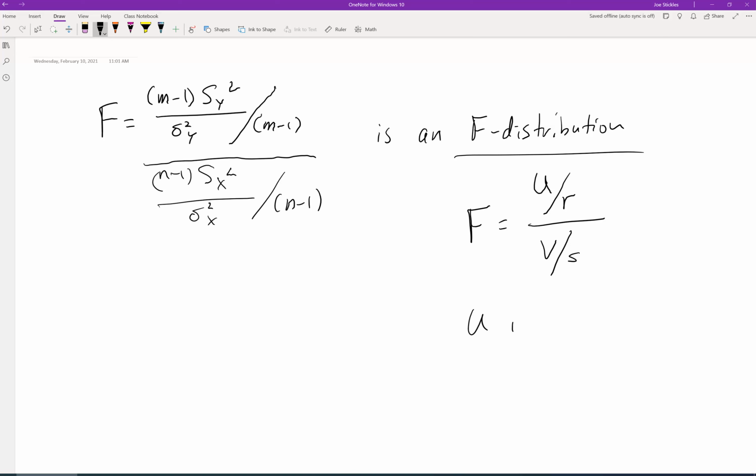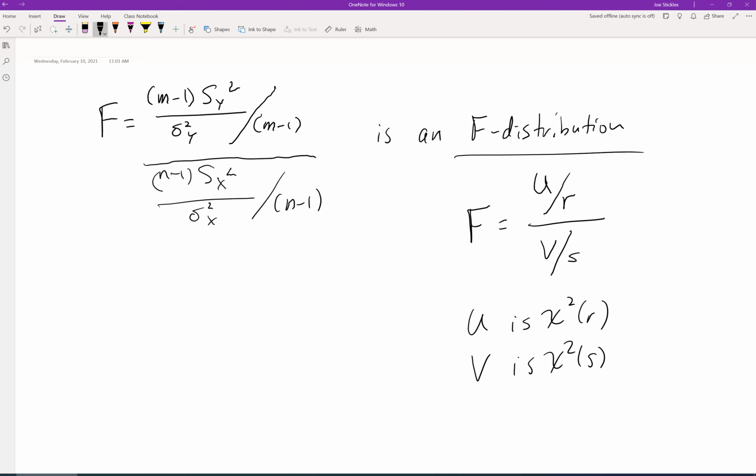U is chi-squared of R, and V is chi-squared of S. So it's a ratio of chi-squared random variables divided by their degrees of freedom. That's where an F distribution comes from.